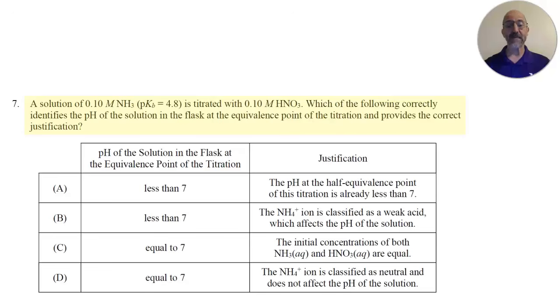That happens to be nitric acid, which is a strong acid. So we have a weak base, strong acid titration. And the question asks, which of the following correctly identifies the pH of the solution in the flask at the equivalence point of the titration and provides the correct justification? So what happens when you have a weak base and a strong acid?